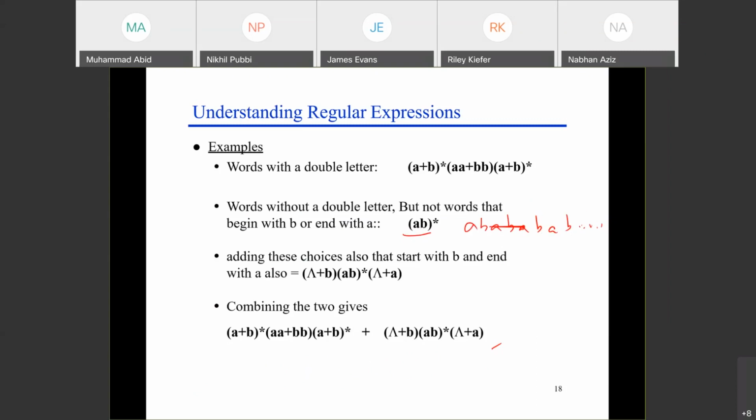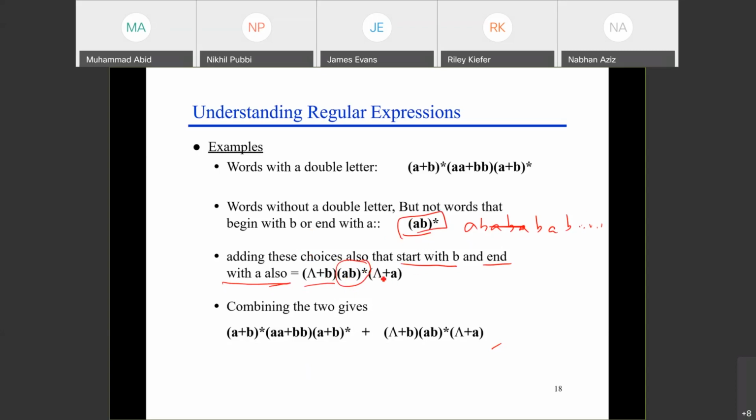Adding these choices also: start with B and end with A. So look at this one. We figured this out already, but now it is saying, can you add the choices that start with B and end with A?